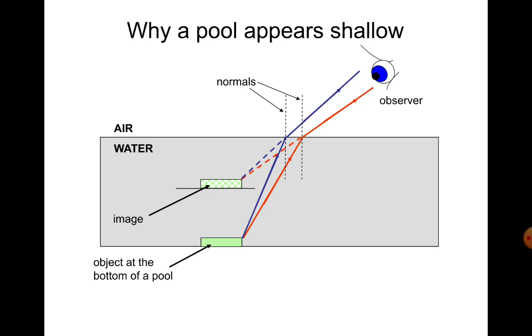You need to know this for the IGCSE, and you need to know how to construct the image, understand what is happening, and explain why the object appears to be closer. So now you understand, when you look into a pool and you see the bottom, you see it much shallower, but it's actually much deeper.